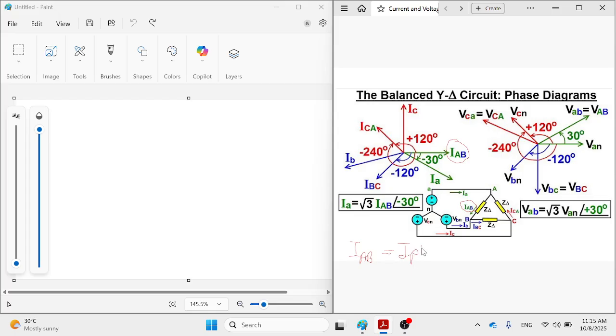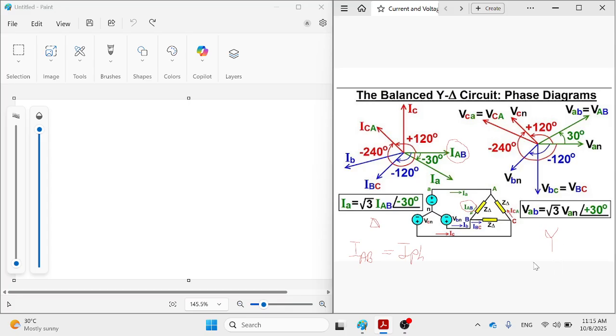Please consider the difference between the line voltage and phase voltage for the other connection, which is Y. These are a bit confusing, so you should memorize them from time to time when you review. Keep in mind that I phase here is IAB.